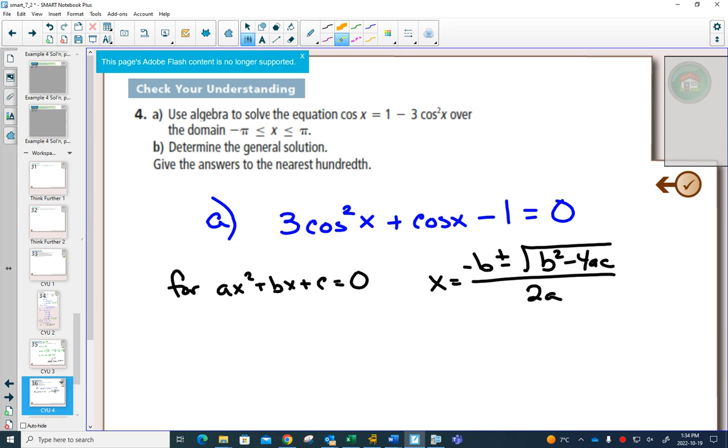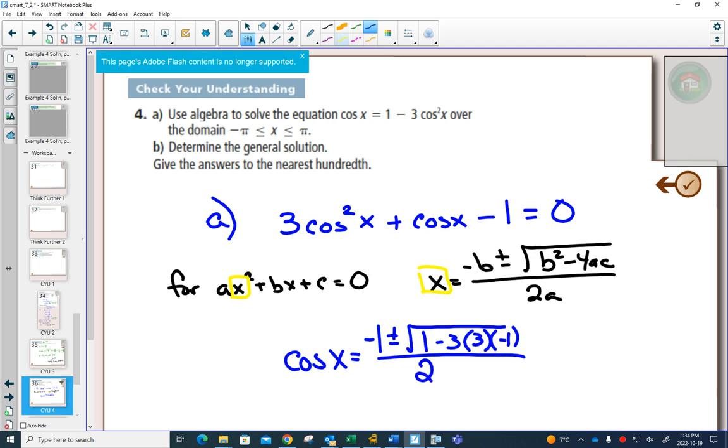And we make a note that this formula has an x squared and an x, and our equation had a cos squared. So when we go to write it into the formula, instead of writing x equals, we will write cos x equals negative 1 plus or minus the square root of b squared, which is 1, minus 3 times a times c, divided by 2a.